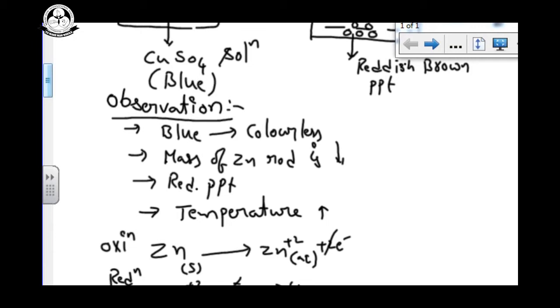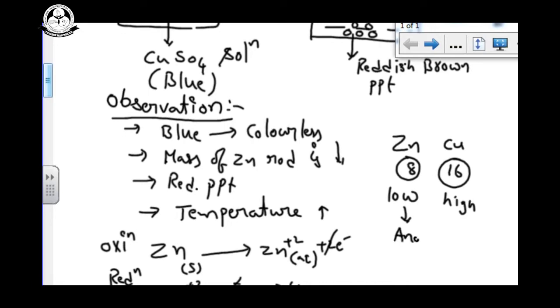As per our SRP values, zinc value is negative 0.76 and copper is positive 0.34. So we already know the low SRP value acts as anode and the high SRP value acts as cathode. High SRP value is cathode.